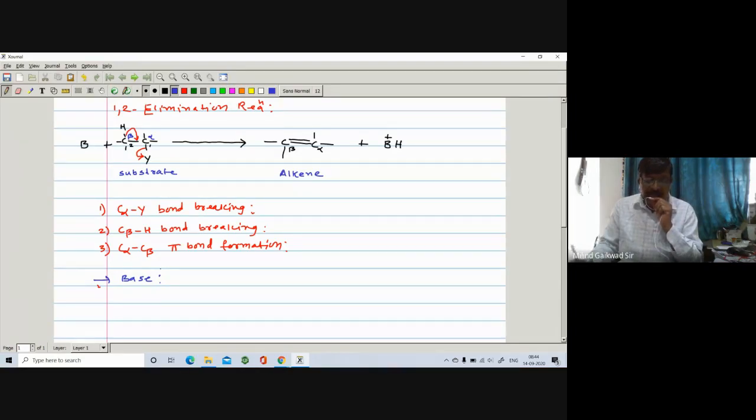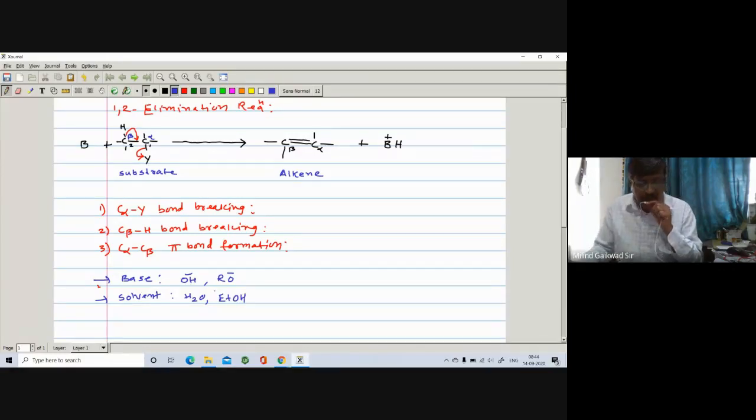So it abstracts a proton. This base may be a strong alkali like NaOH or KOH. It may be an alkoxide, RO minus, sodium methoxide, sodium tertiary butoxide, right? So these are the different types of bases. The solvent we can use in this case is water, or ethyl alcohol.